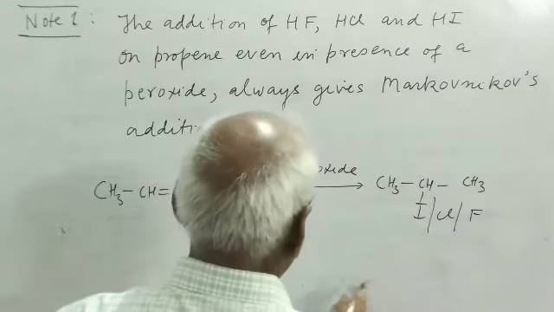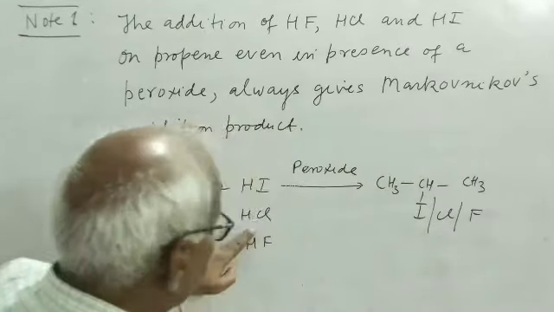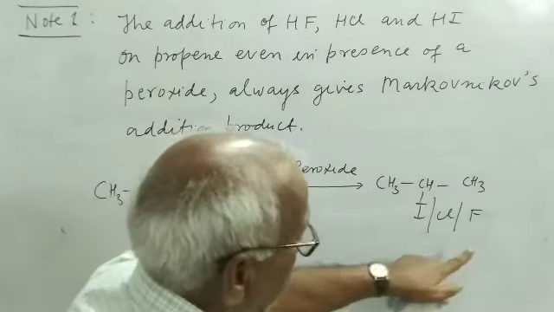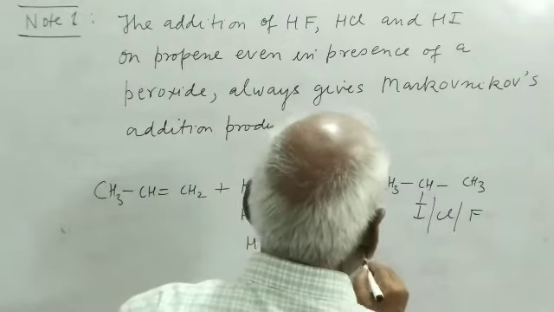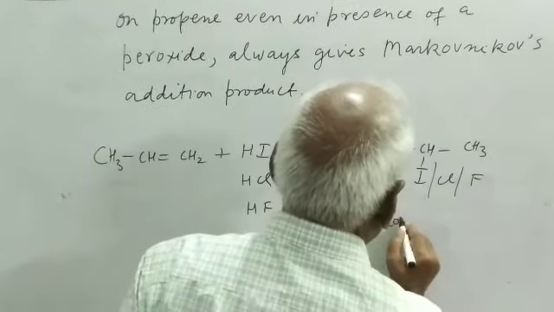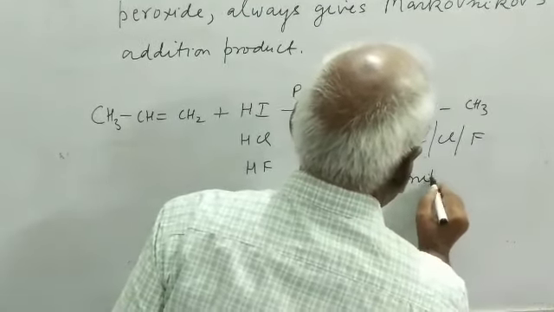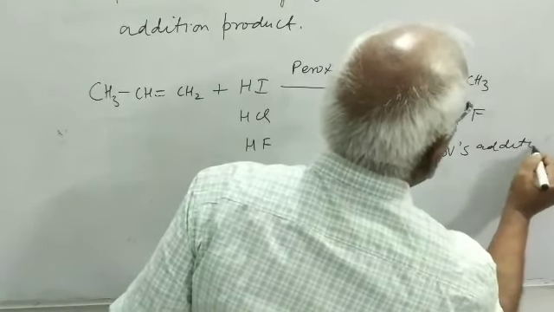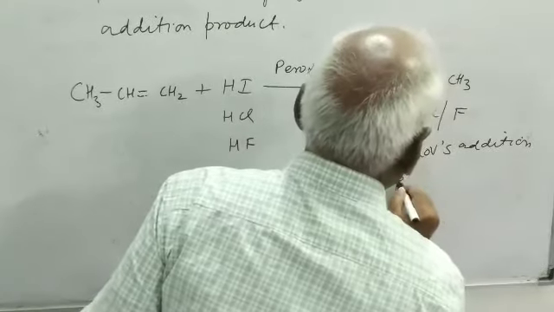If HCl is taken, it will be Cl. If HF is taken, it will be F. So this is the Markovnikov's addition product.